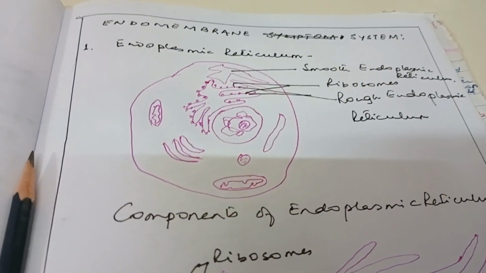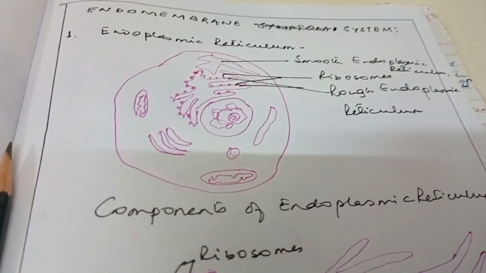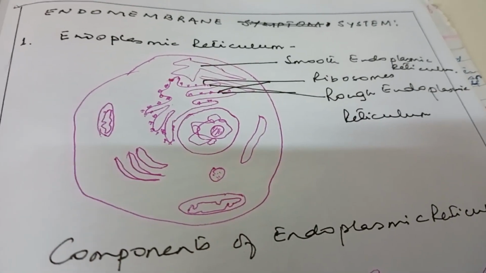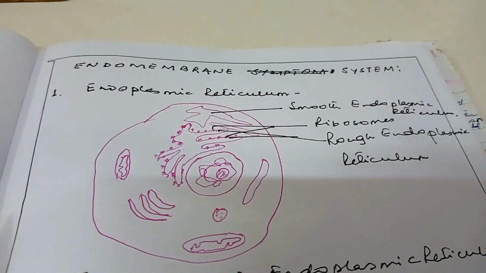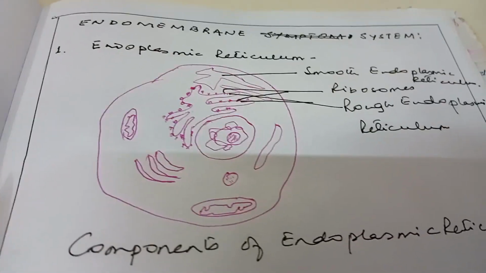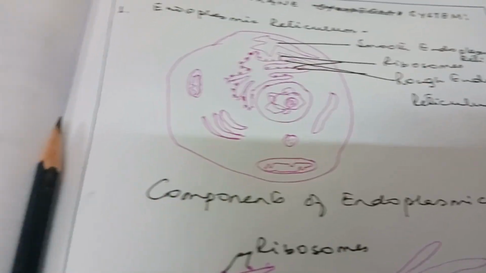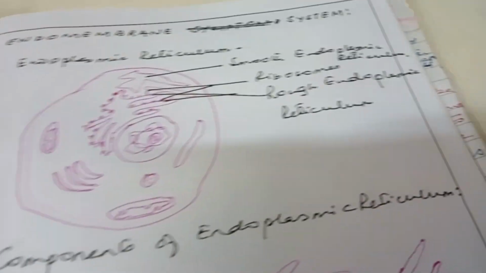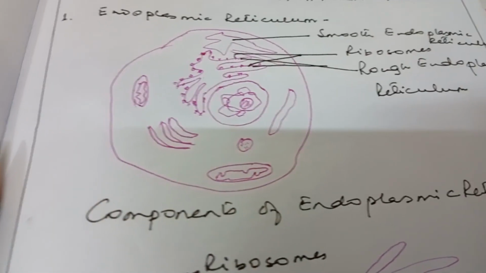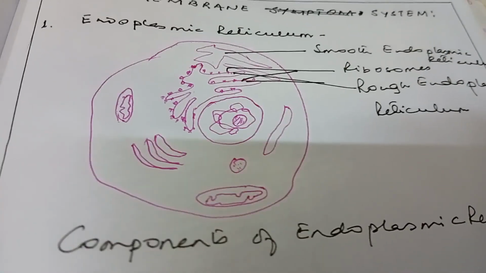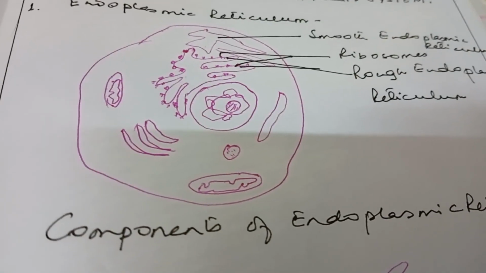Now, the smooth endoplasmic reticulum occurs in cells which secrete and synthesize steroids and lipids, and where there is glycogen metabolism.